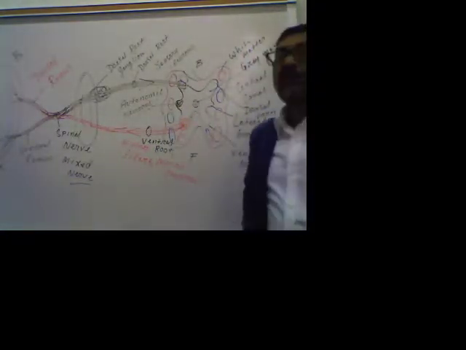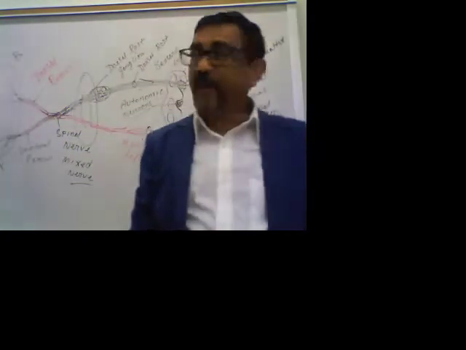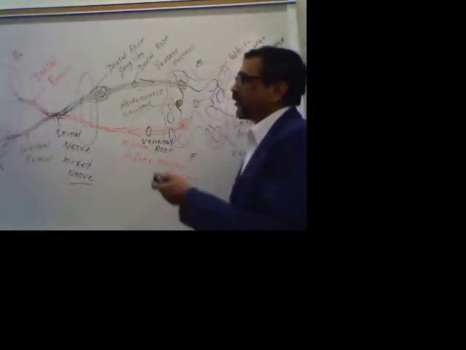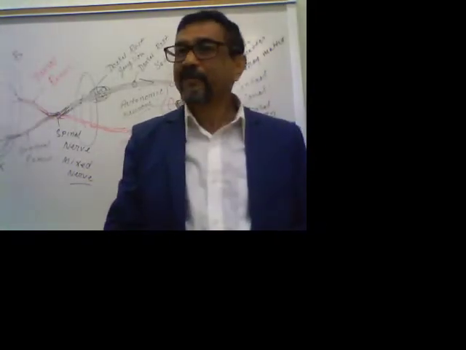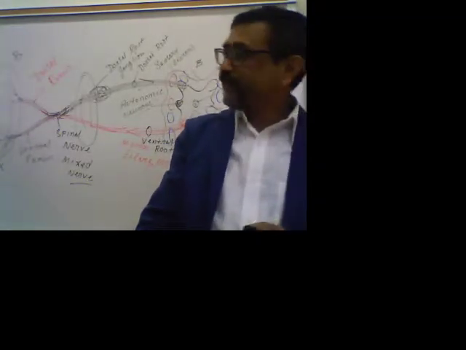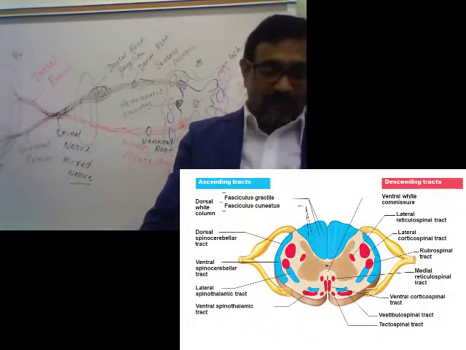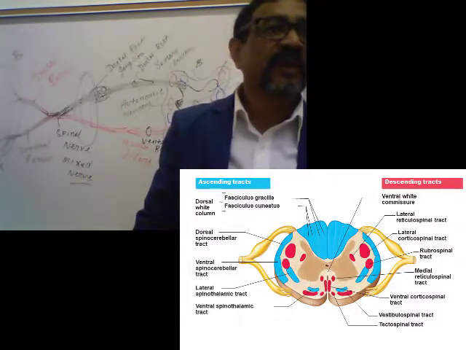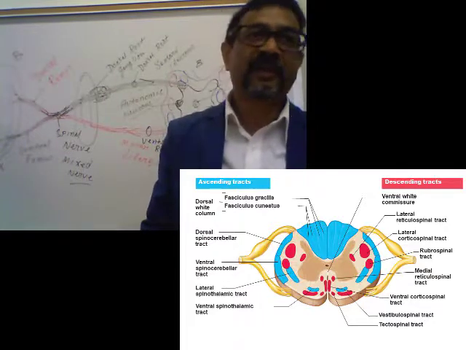So sensory or ascending, motor or descending tracts are present in the white matter of the spinal cord. So here you see by two different colors, you can see two types of tracts or bundles of fibers. The blue ones are sensory or ascending, red ones are motor or descending.